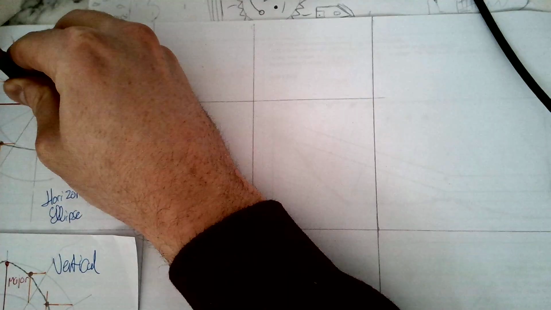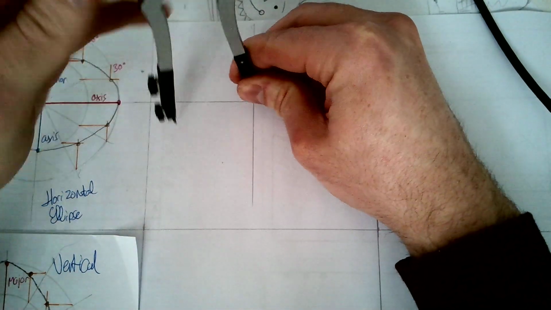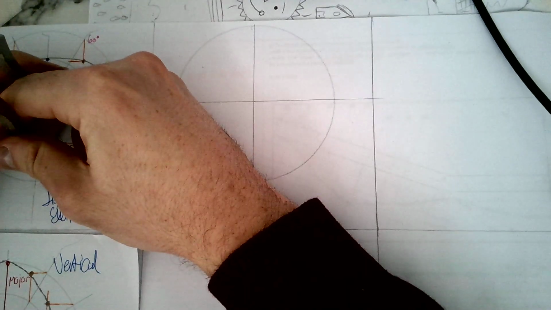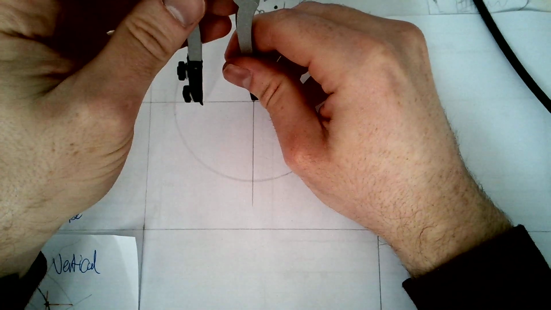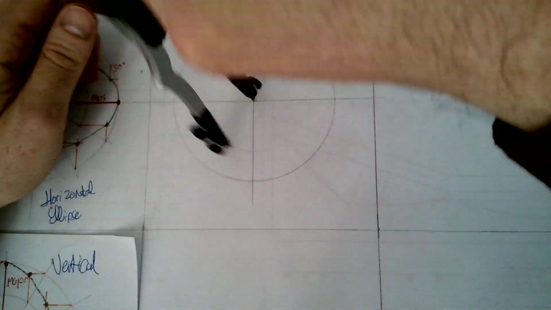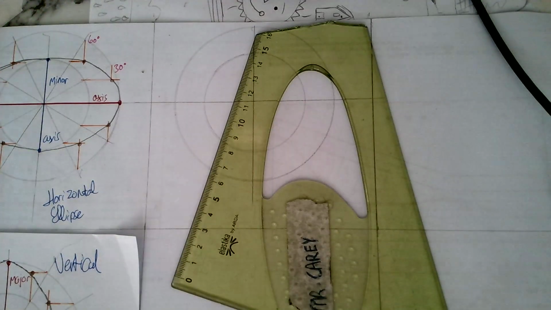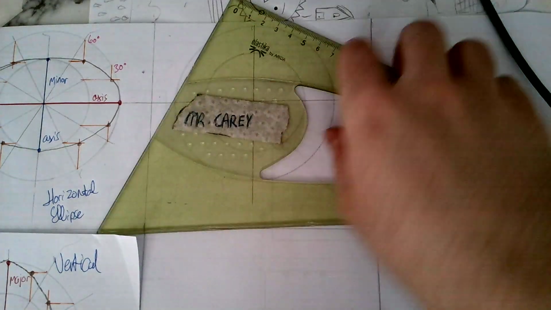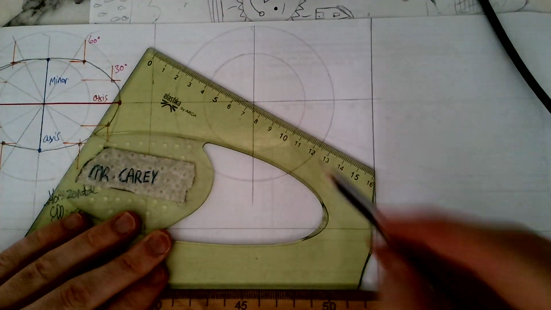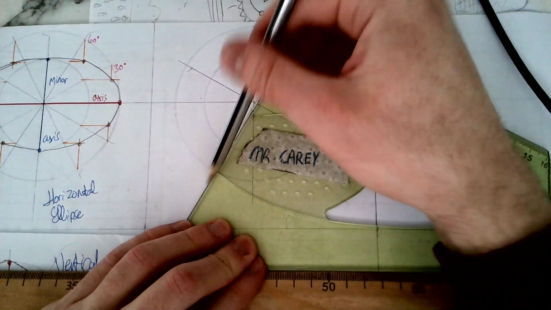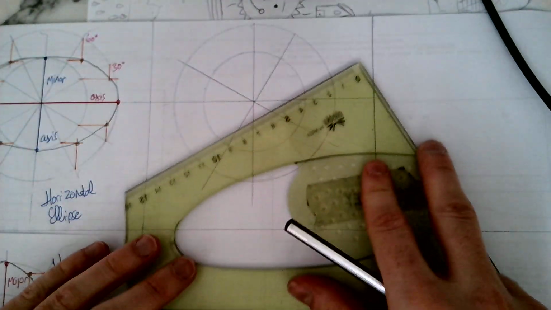Swing our major and our minor, which is lovely. And then we're going to divide this up again with our 30/60. So again, this should hopefully be welded into our brains by now. We know exactly, we could draw an ellipse in our sleep. That is the plan.